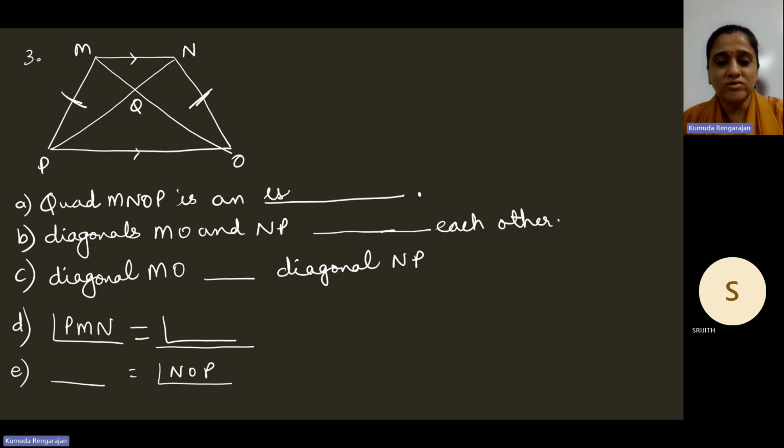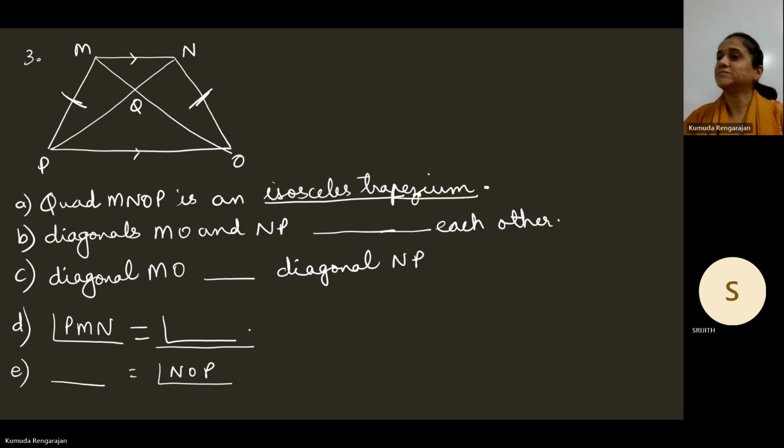So it is an isosceles trapezium. Diagonals MO and NP bisect each other?